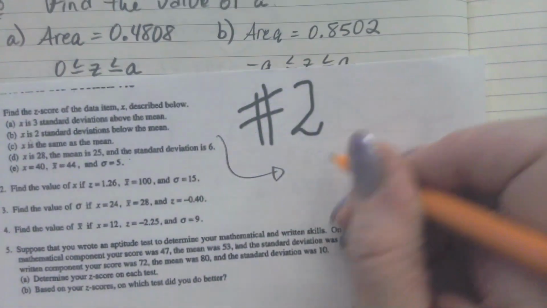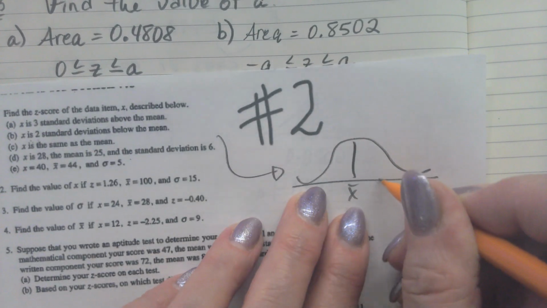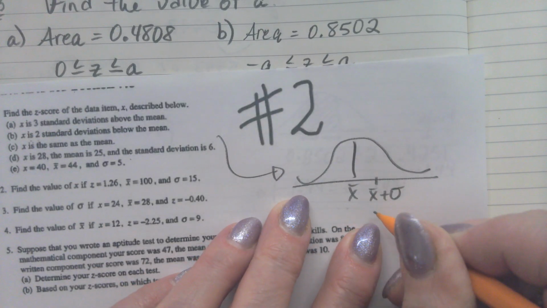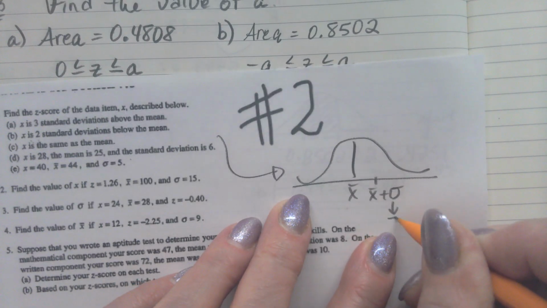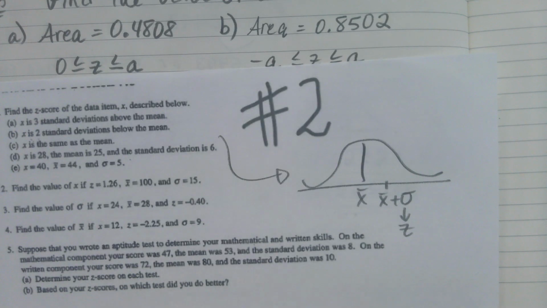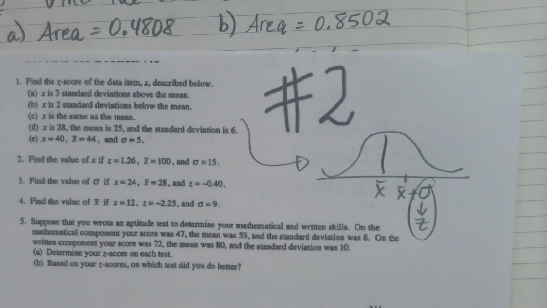So if this is the mean, this is the mean plus a standard deviation, that's essentially, this could also be a Z-score. That could be equal to the Z-score. There you go.